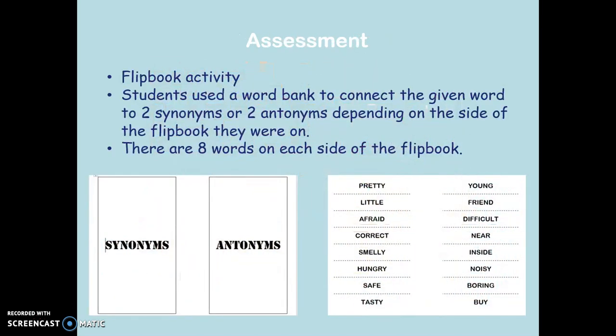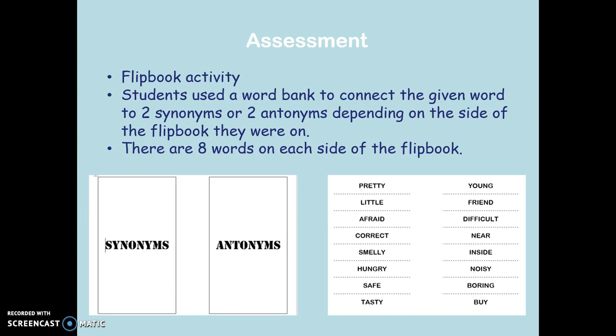And then for the assessment, it was a flipbook activity, which I made previously, so they didn't have to use scissors or anything like that during the lesson. And the students used a word bank to connect the given word, which is on the right picture, to 2 synonyms or 2 antonyms, depending on the side of the flipbook they were on.